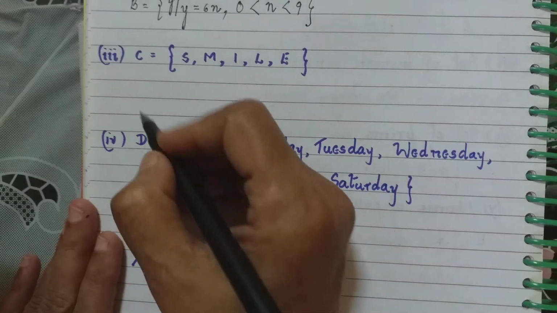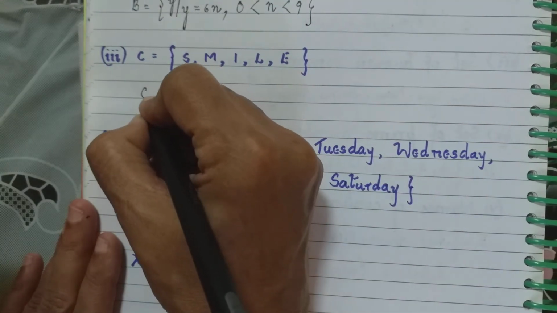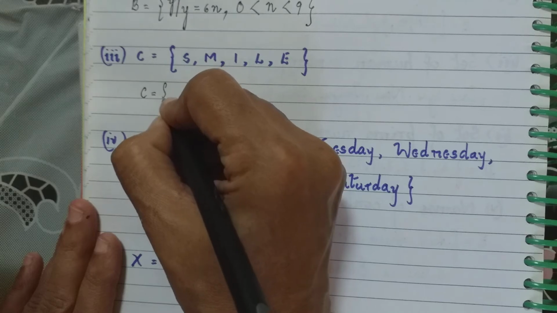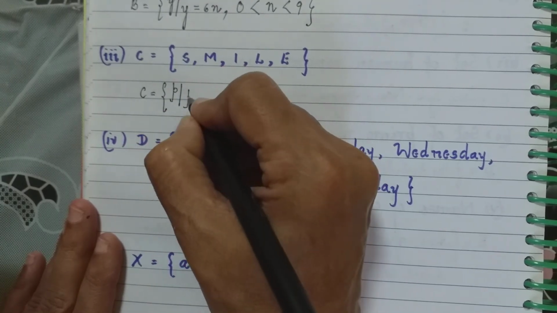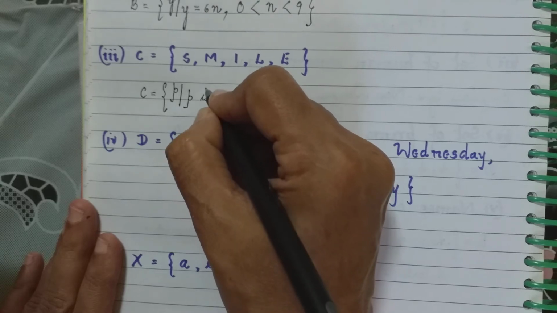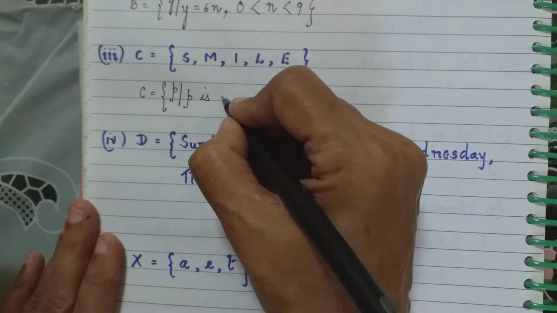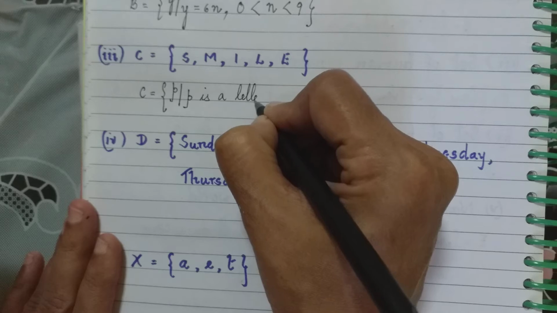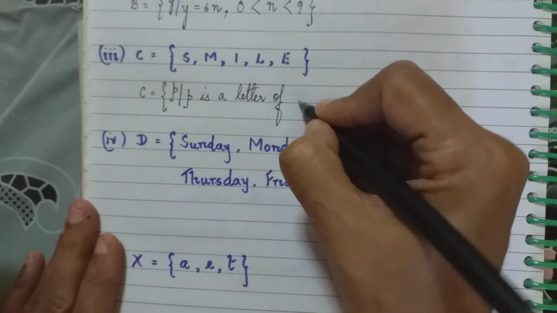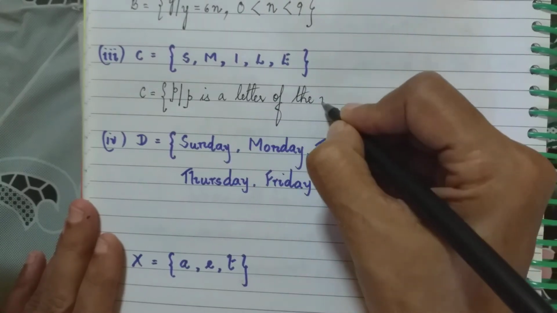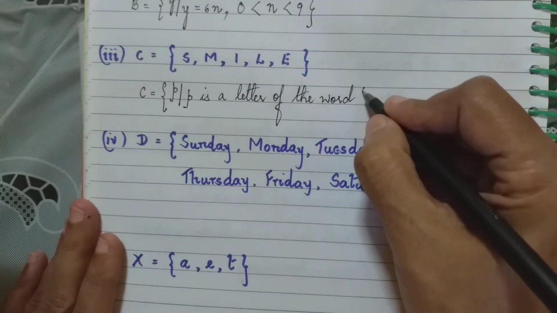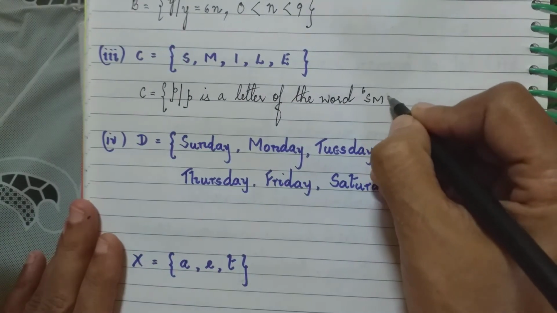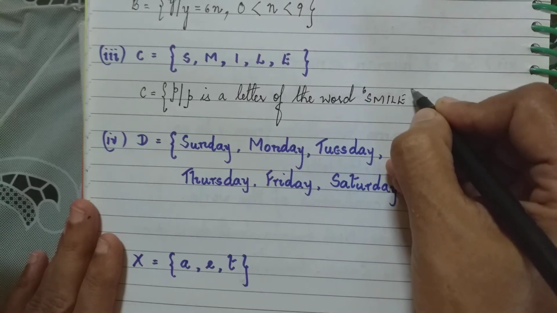So we have to just write it in the rule method that C is the set of, let me take P, all P such that P is a letter of the word smile, right? So we'll write here SMILE.